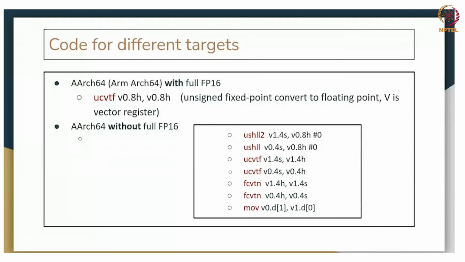In some cases you increase the number of instructions so that enough instruction level parallelism is there. Some places you may have hardware support for one instruction, but some places you may not. With full FP16 you need only one instruction, and without FP16 you need this many.